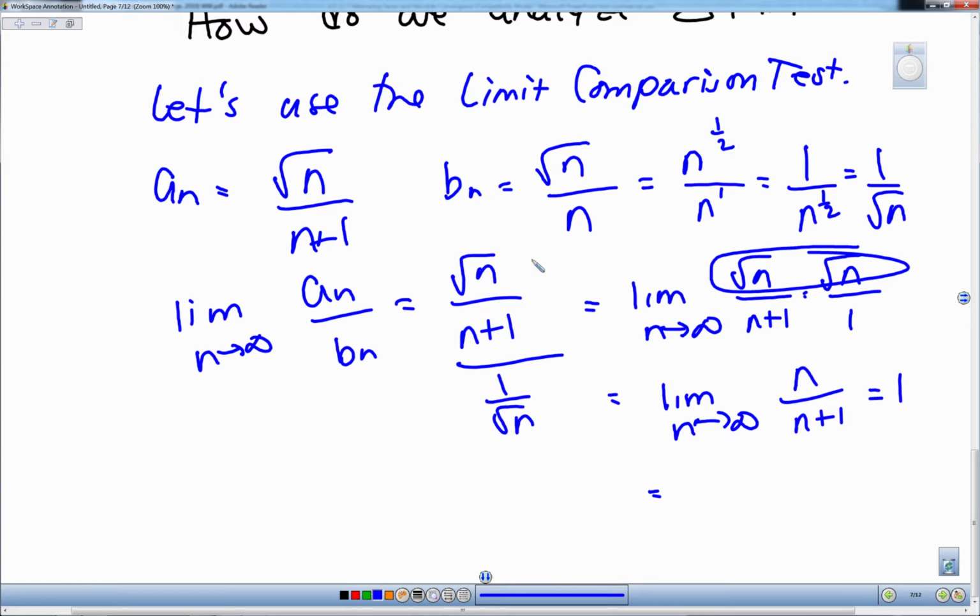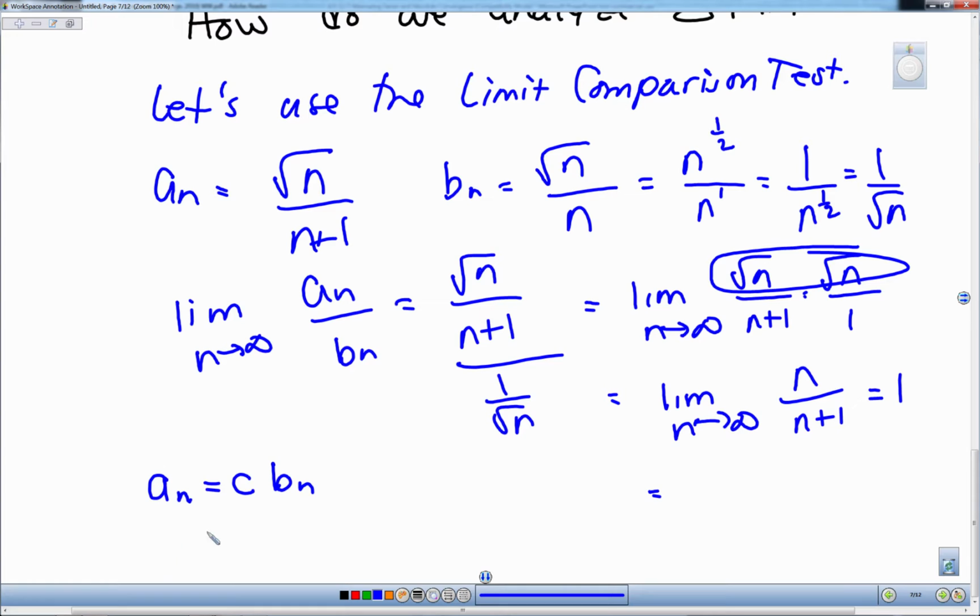So we need to ask ourselves, what does it mean when our limit is equal to 1? Well, the limit comparison test says that if a sub n is equal to c times b sub n, then if one of these converges, the other has to converge, and if one of these diverges, the other has to diverge.